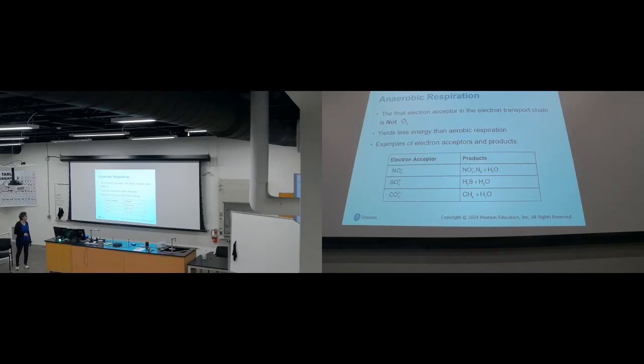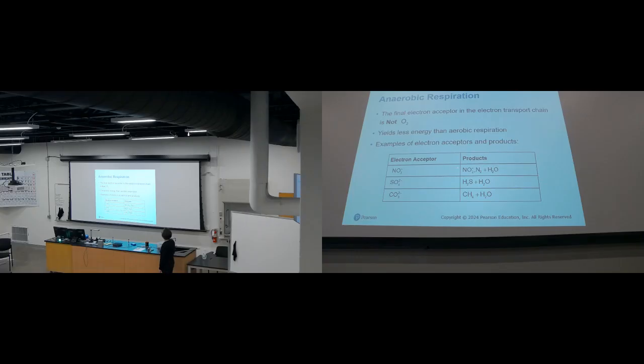In the case of CO3, you can have methane gas and water. The commonality, no matter if it's aerobic or anaerobic respiration, is that you always generate water as a product.